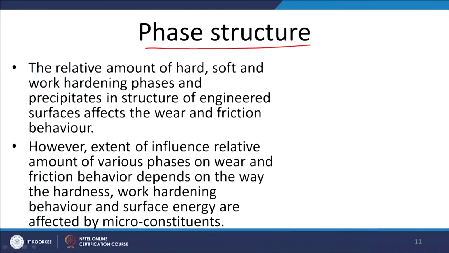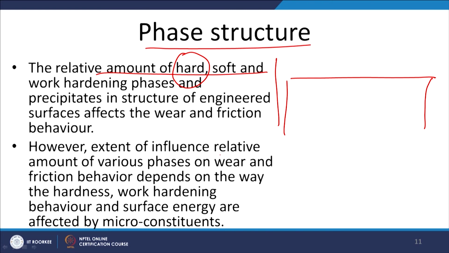So, what is important as far as the type of phases are concerned? Relative amount of the hard and soft phases and work hardening phases, precipitates in the structure, all these things affect the wear and friction behavior. Say in what amount hard phases are present, in what amount soft phases are present, in what amount work hardening phases are present.